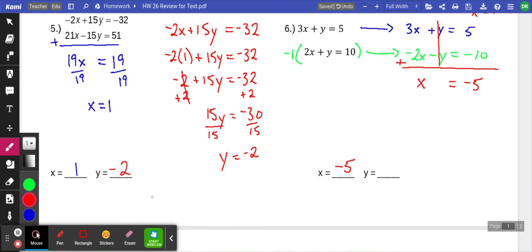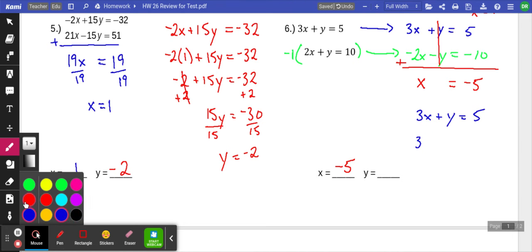And so if x is equal to negative 5, we can use that in any equation that we have utilizing the variable x. So let's say we just go back to that first equation that says 3x plus y equals 5. Well, what does that tell us? It means that we can use our new x value that we just found.